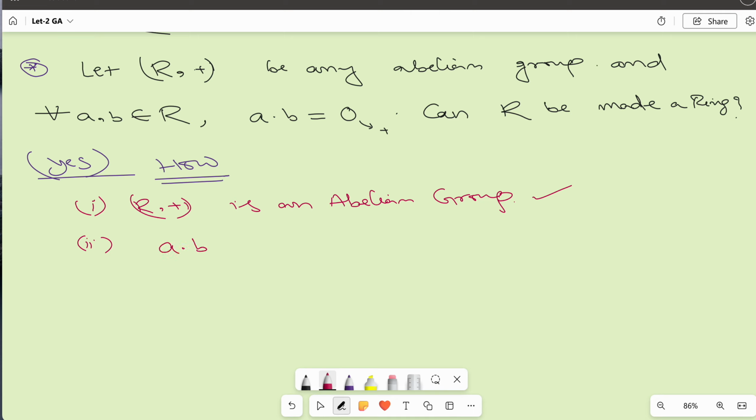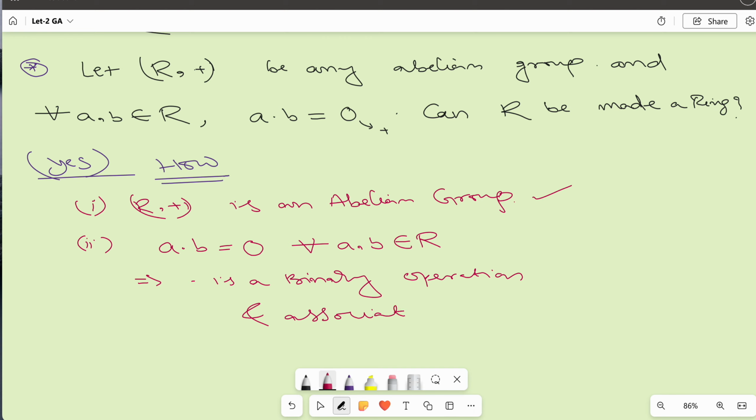A dot B is 0 for every A comma B inside R. What does it mean? That dot is a binary operation and associative as well.